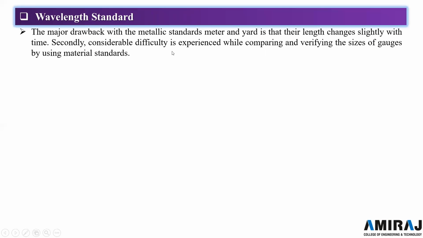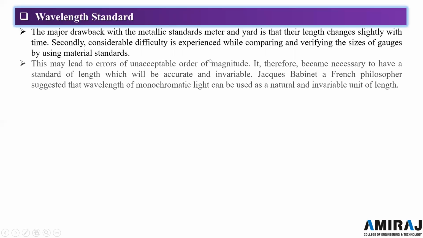These are the two major drawbacks of material standards. These lead to errors of unacceptable order of magnitude. It therefore became necessary to have a standard of length which is accurate and invariable.